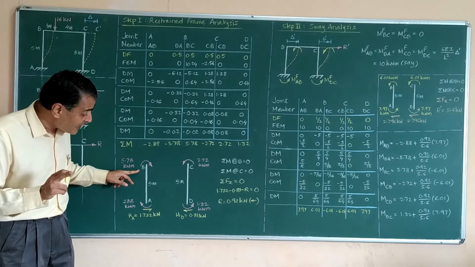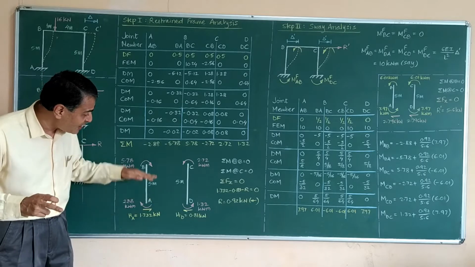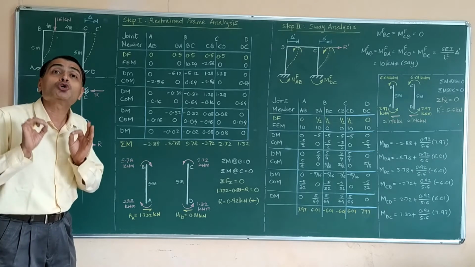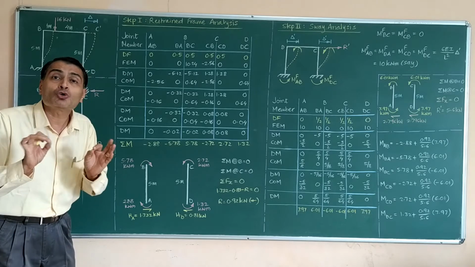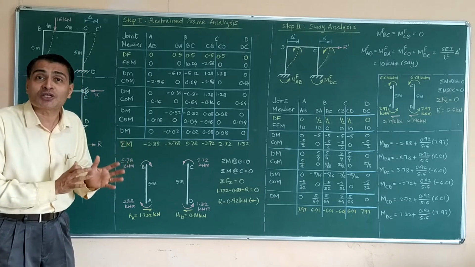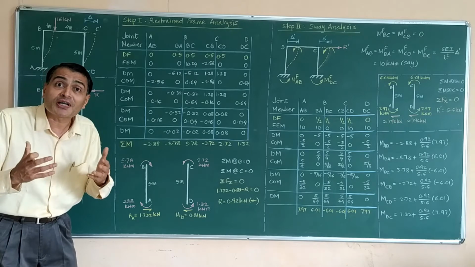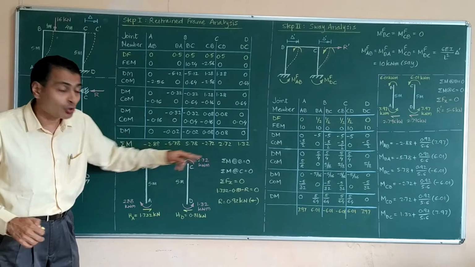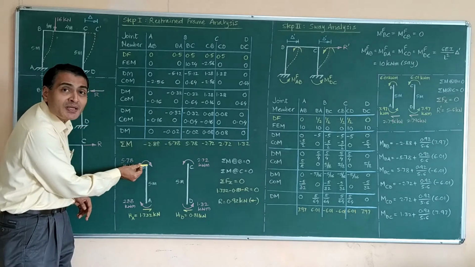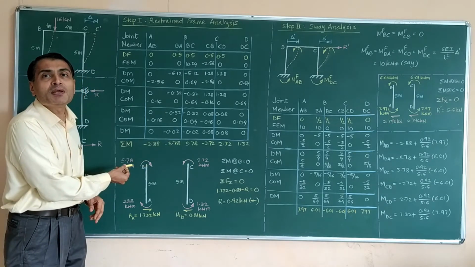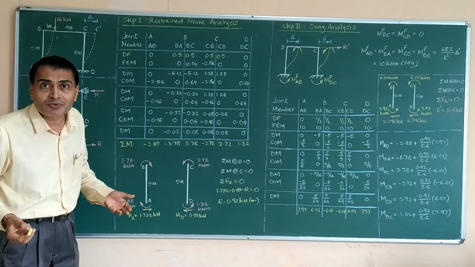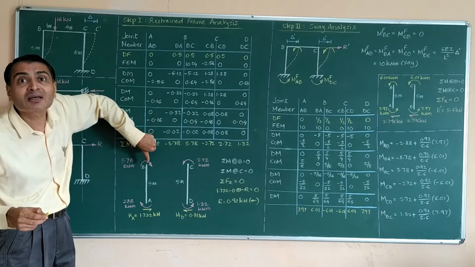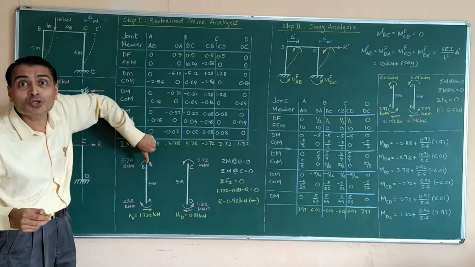Now, there should be end shears HA and HB. HB I have not shown because I do not require it in my equation, sigma M about B equal to 0, because even if I show HB here, its moment about point B is going to be 0. That way, I have not even shown VB, the gravity load given by the beam to this column.